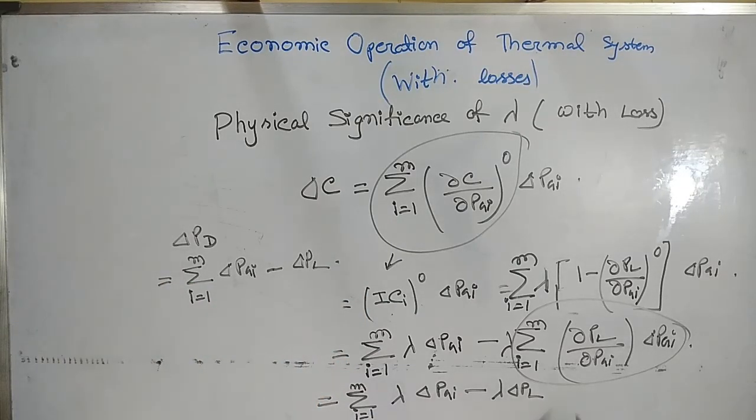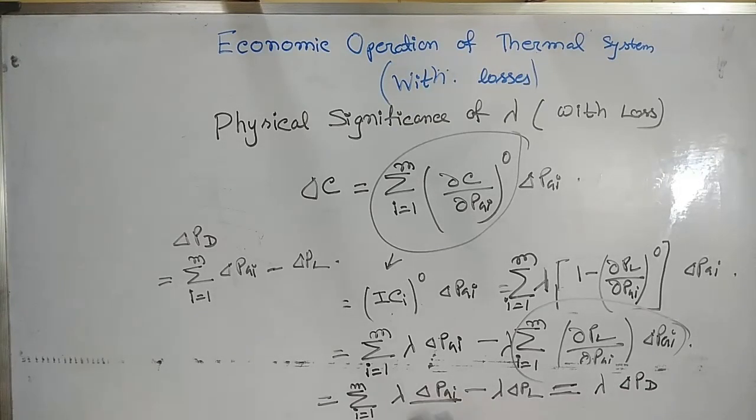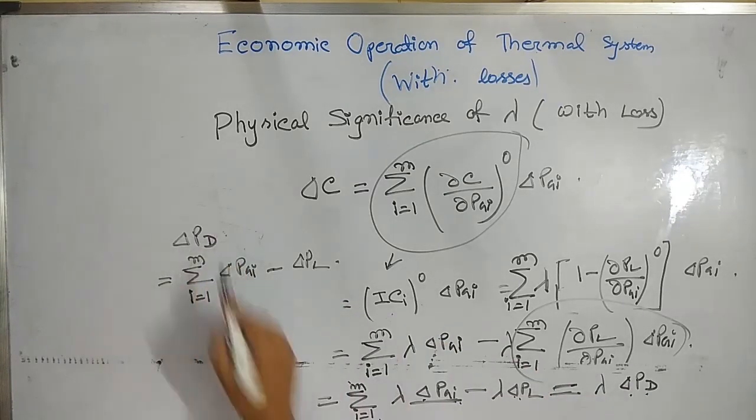So we can write lambda into delta PD, because the summation of delta PGI minus delta PL equals delta PD.